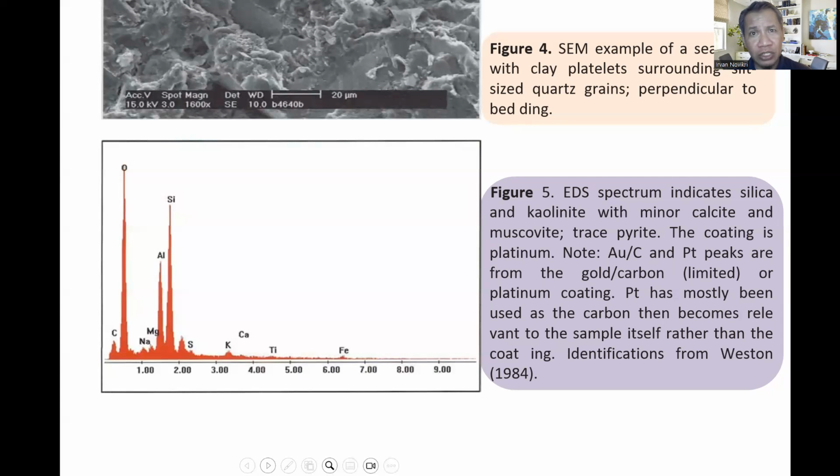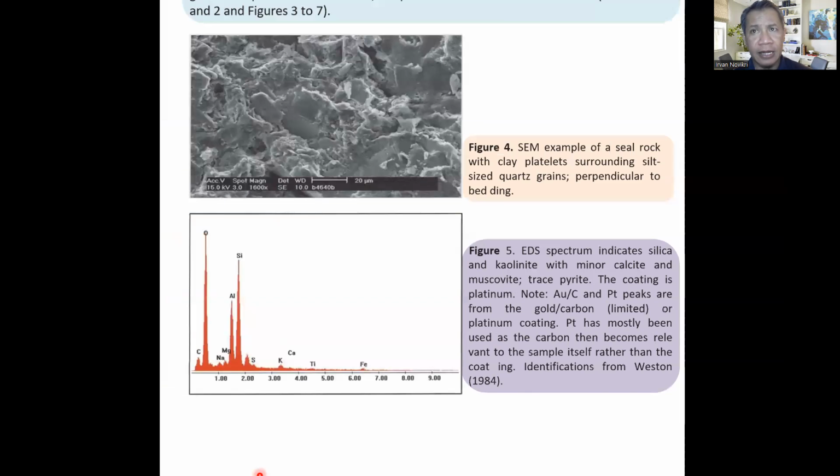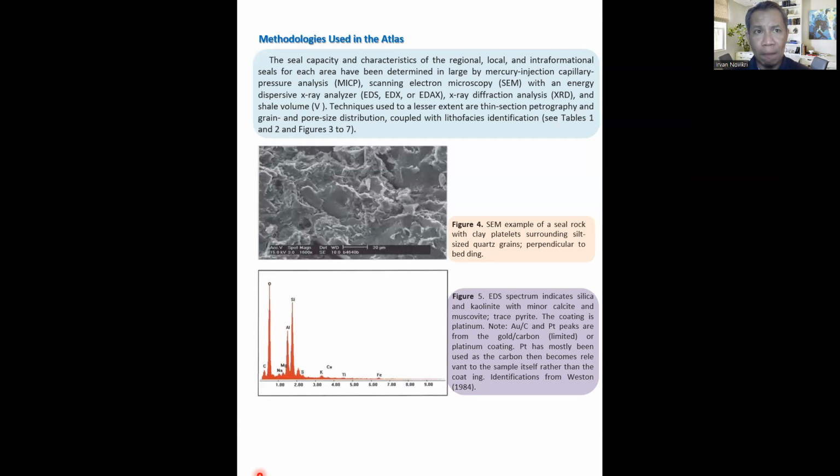The platinum coating used during the analysis contributes to the presence of peaks corresponding to gold, carbon, and platinum in the spectrum, with platinum being primarily used as the coating for the sample itself rather than the carbon source. And this identification is based on the work introduced by Weston in 1984. The image was obtained through SEM with energy dispersive EDX.